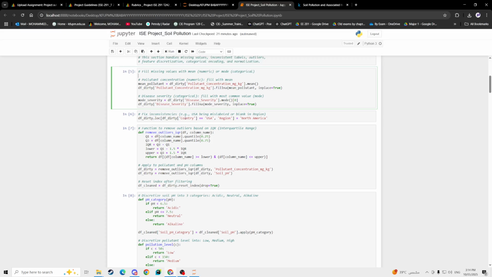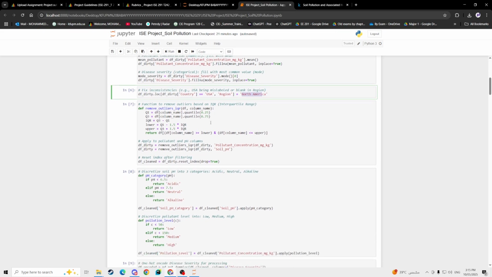Then I fixed inconsistencies, should there be any, for example, replacing the region row with the actual name of the region instead of the country. And I also implemented the interquartile method in order to remove any outliers in this dataset.